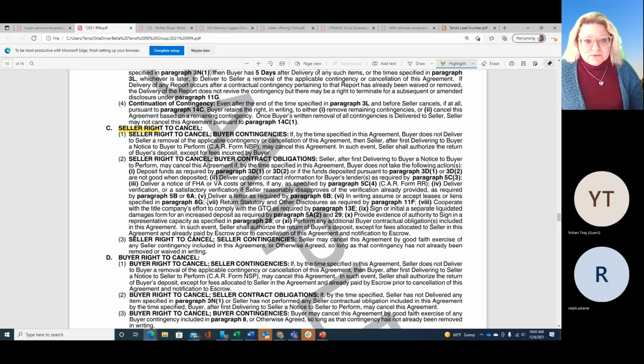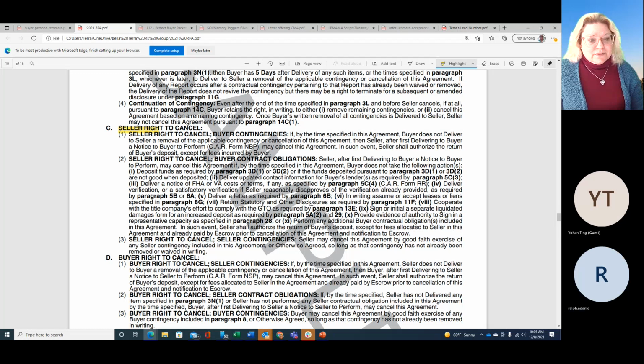That also is a reason for the seller to be able to go ahead and cancel this contract if the buyer doesn't accept those and get everything switched into their names and payment information taken care of. Number 6, return statutory and other disclosures as required by paragraph 11F. So if the seller has given the buyer everything, but the buyer isn't returning that stuff, that's another reason for the seller to go ahead and cancel this contract.